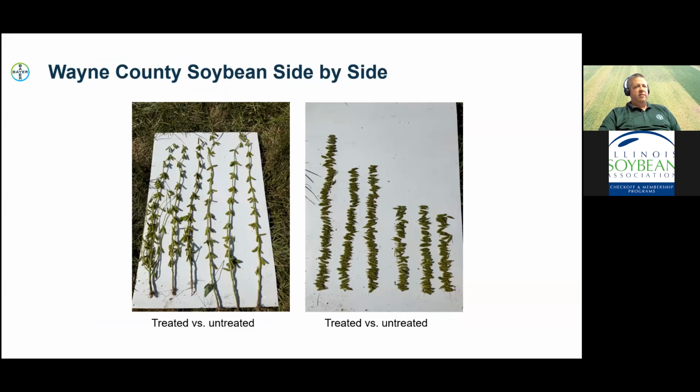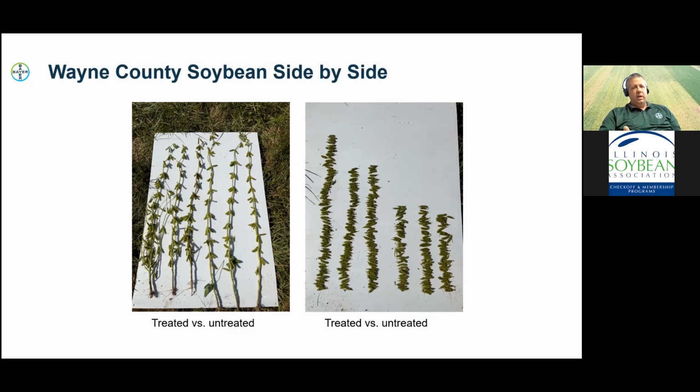This is some plants pulled from that. And I think the really big takeaway of this is, we look at the treated, we look at the untreated, you can definitely see a visual difference in those plants. And the important point I want to make here is that the untreated portion of the field had the exact same yield potential in those plants as the treated portion of the field.